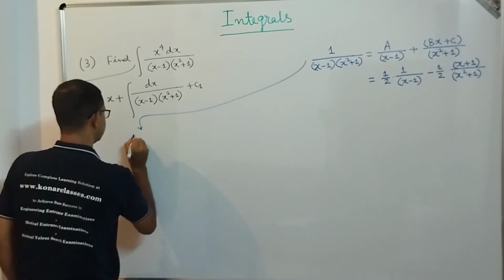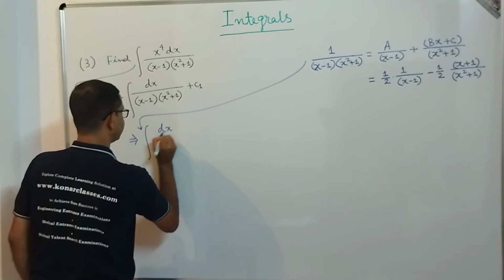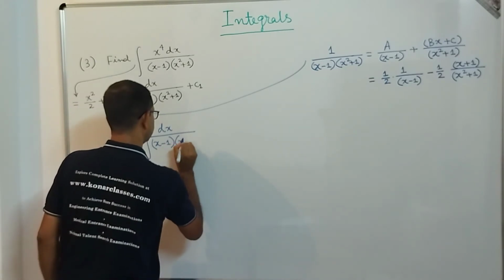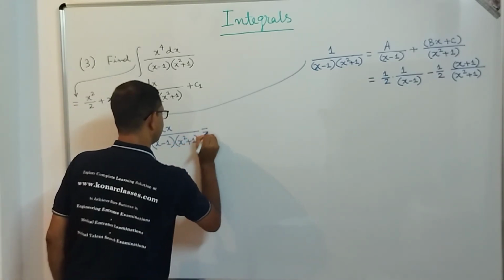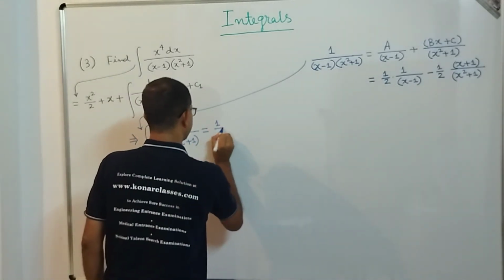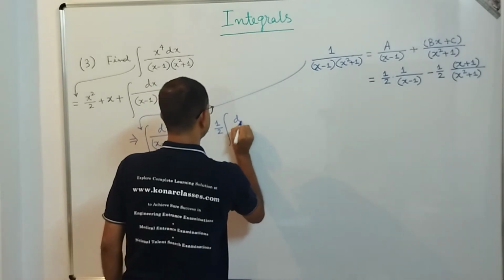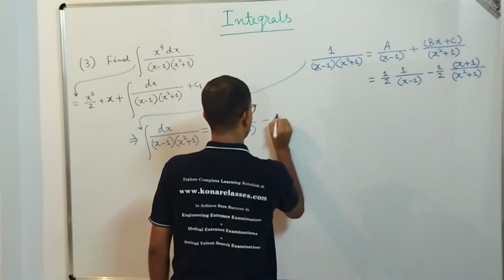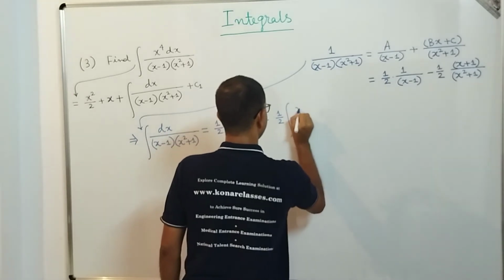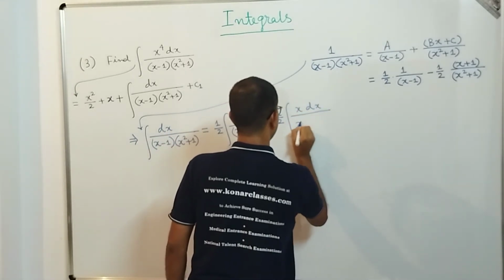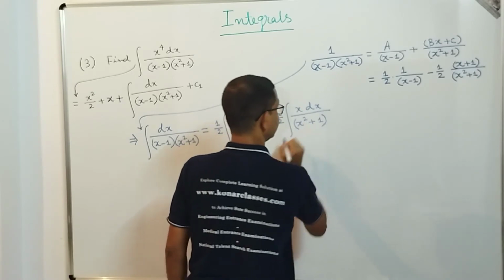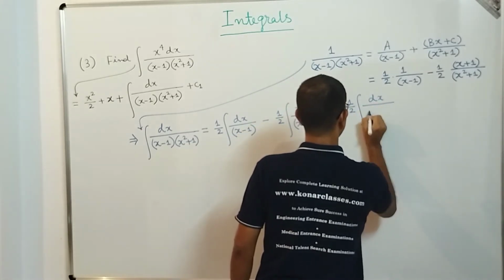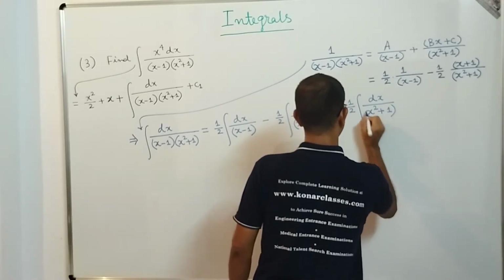This implies integration of dx by x minus 1 into x square plus 1 is equal to 1 by 2, we can take outside of the integration dx by x minus 1, correct, minus 1 by 2 integration x dx divided by x square plus 1, correct, minus 1 by 2 integration dx by x square plus 1, correct.